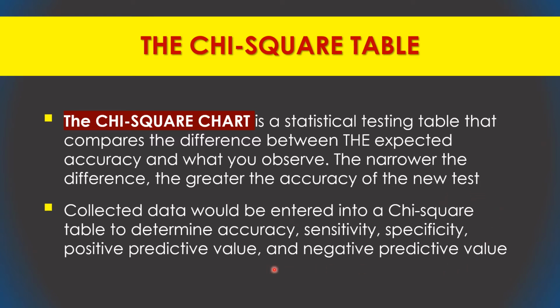Okay, the collected data will be entered in what we call the chi-square table or a chi-square chart to determine what? To determine the accuracy, sensitivity, specificity, positive predictive and negative predictive values. These are the definitions here. We are going to explain them in a while.